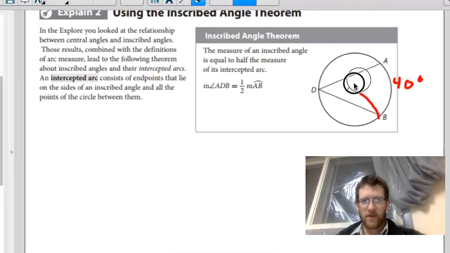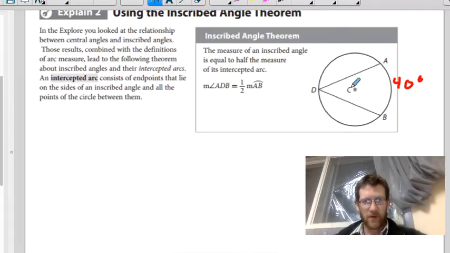However, instead of going halfway across the circle, we need to go all the way across the circle. So we're going to go all the way over here, and because we're twice as far in this direction, essentially, this angle here is going to be half, right? So that's 20 degrees, relative to, say, ACB, again, which would have been 40 degrees.